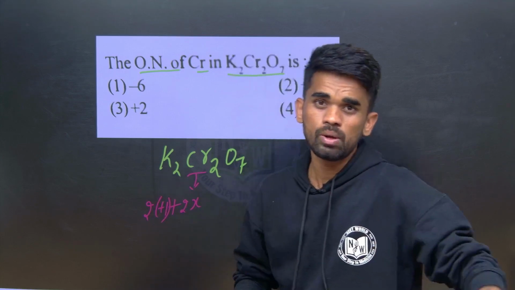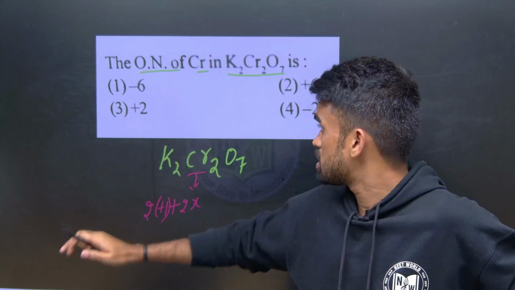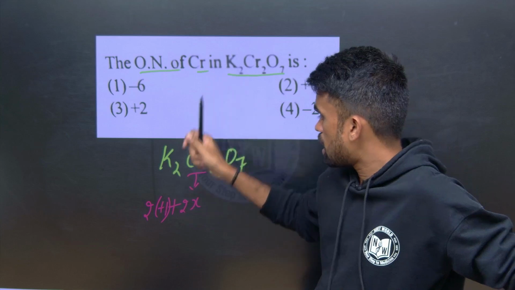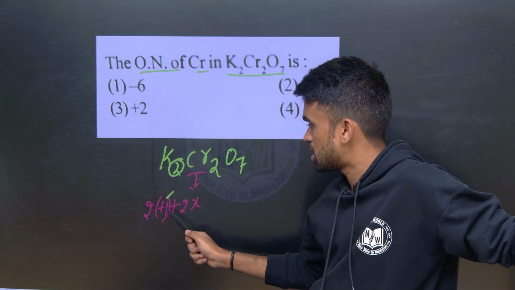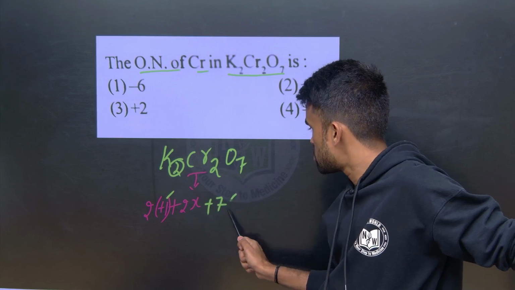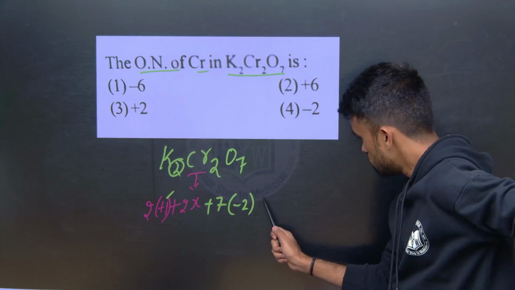Alkali metals in their combined state with other elements in a compound always exist with +1. So 2 into +1, plus 2X, plus 7 oxygens, each with -2 oxidation state.